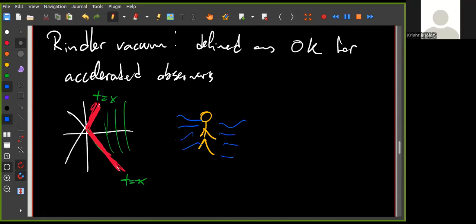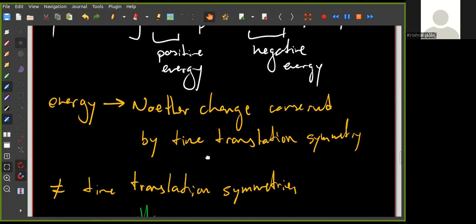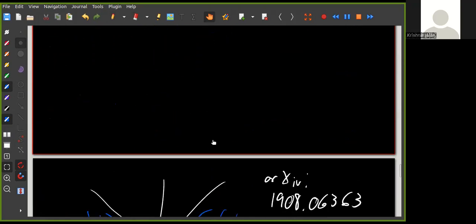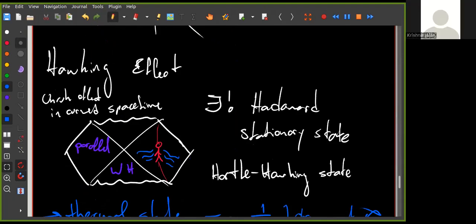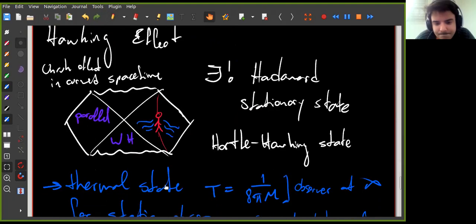Yeah, but the Hartle-Hawking state was constructed out of modes that fall into the black hole and the modes that come out of the white hole. No, it is also constructed out of modes that come from infinity. I see. Okay, that makes sense.